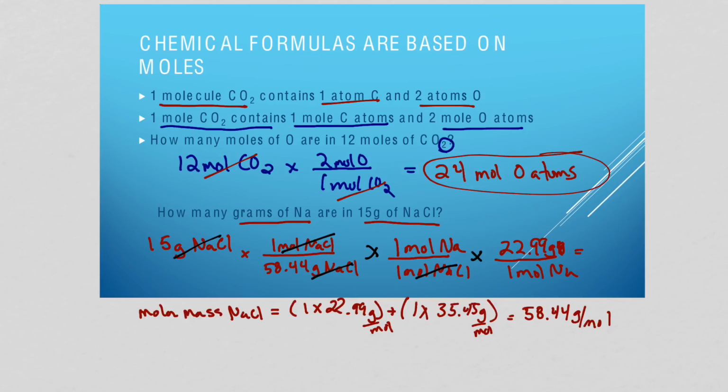And so if I go through and solve it out, cancel my moles of sodium, I get 5.9 grams of sodium contained within that 15 grams of sodium chloride, keeping my 2 significant figures based on the original number in my problem.